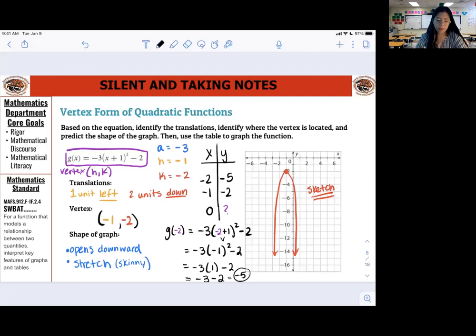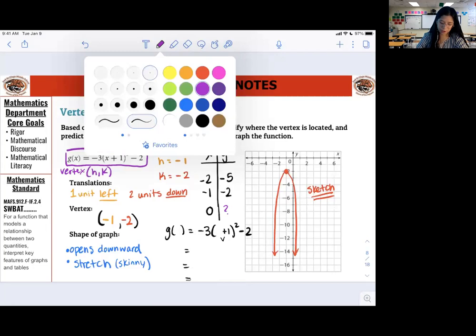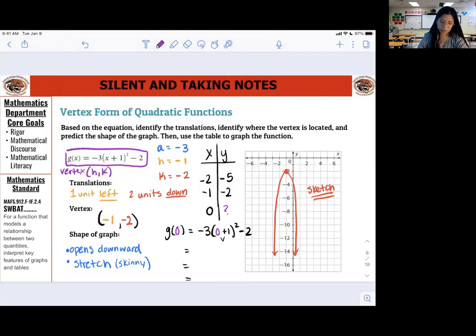All right. So now I'm going to do the same thing, but now I'm going to plug in 0. What do you guys think is going to happen? It's going to be -5. It probably is going to be the same, but I'm going to show you why that's true. 0 plus 1, 1. 1 to the power of 2, 1. -3 times 1, -3.